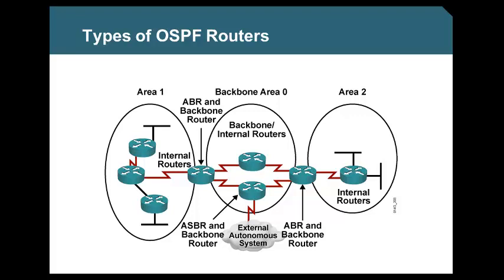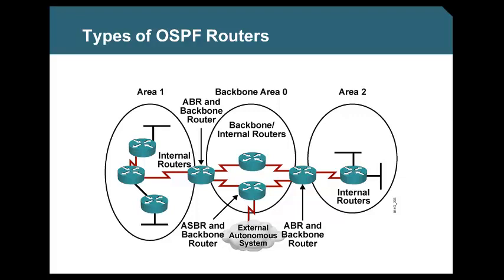So two types of summarization we are going to see now. One is ABR summarization between the areas. Another one is ASBR summarization. There is no area for the external, so the command will not be the same. The command is different.